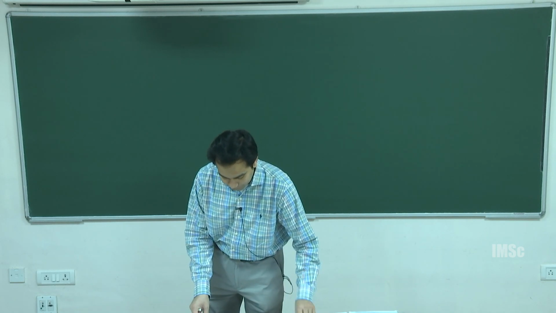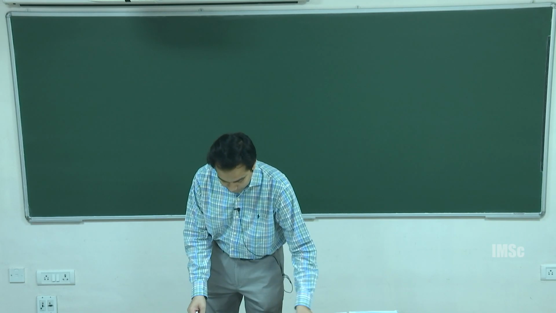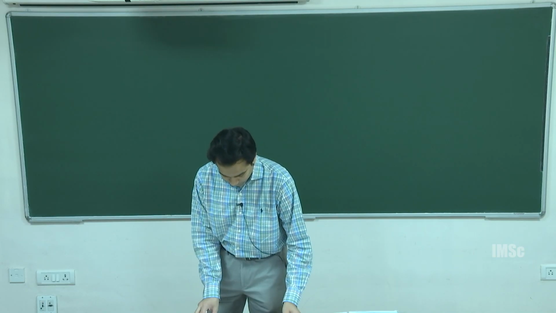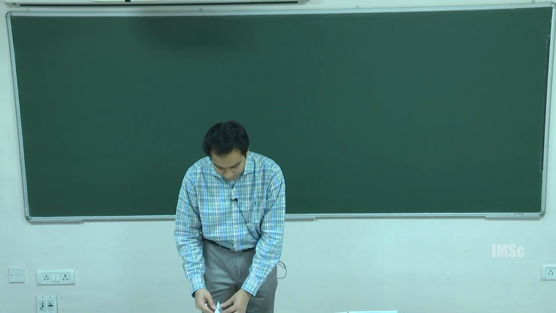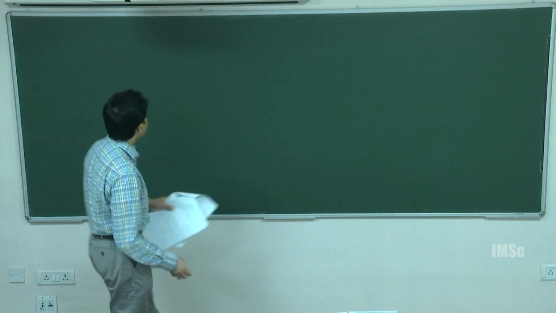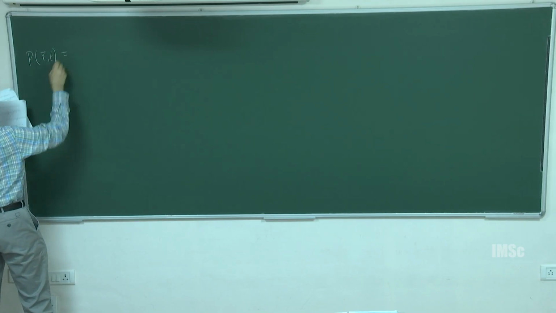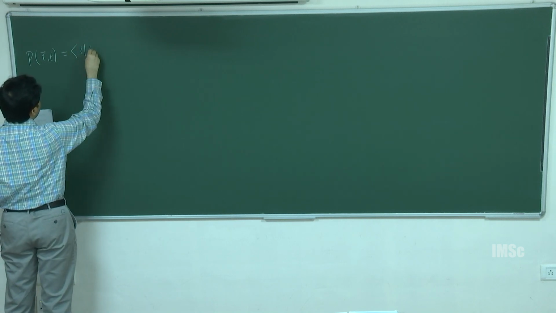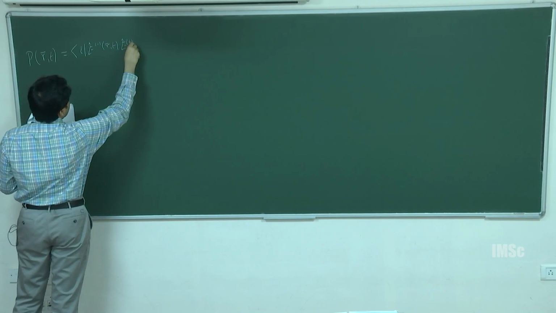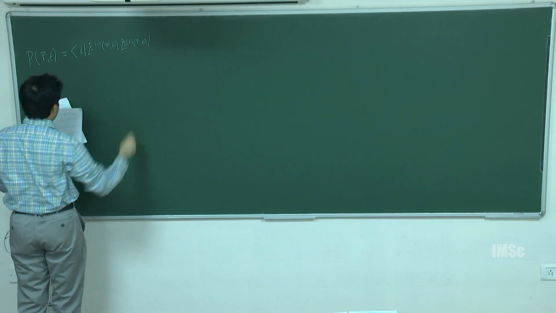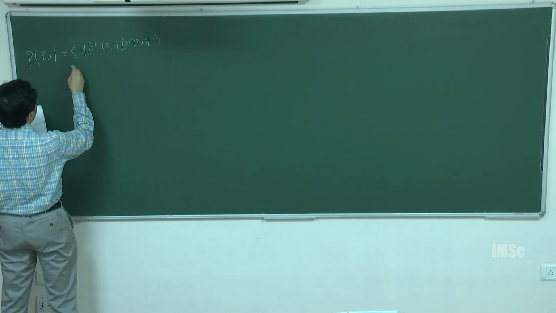Okay, so now last time we calculated the probability that a field makes a transition from some initial state I to some final state F, and what it is.